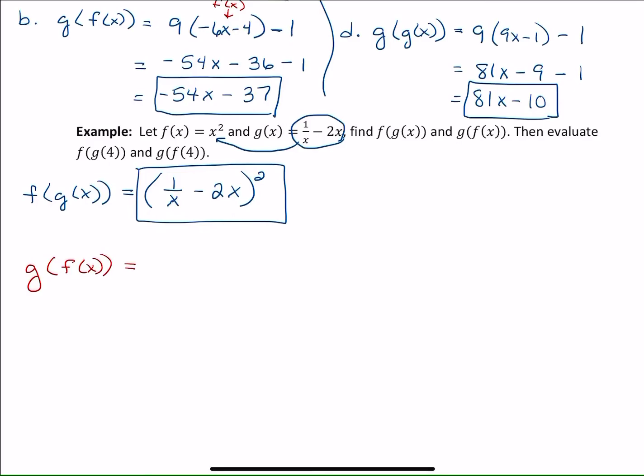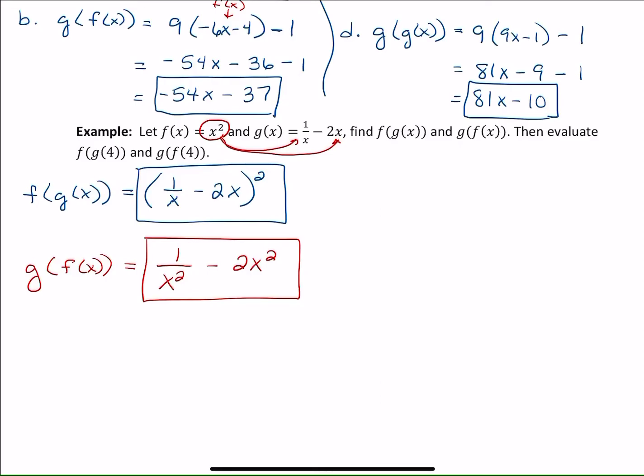This is just the opposite. I'm going to take f of x and plug it in everywhere you see an x in g of x. So I'm going to have 1 over x squared minus 2 times x squared. So everywhere there is an x in g of x, you plug in x squared. And again, you can leave it in this form.